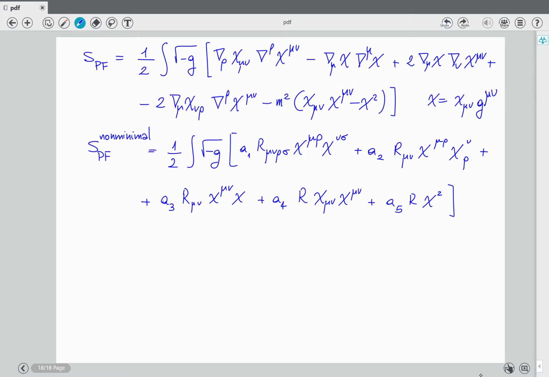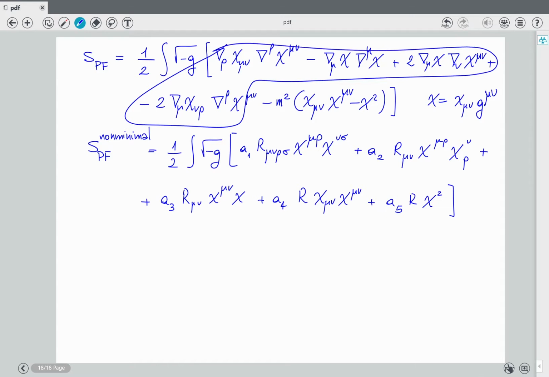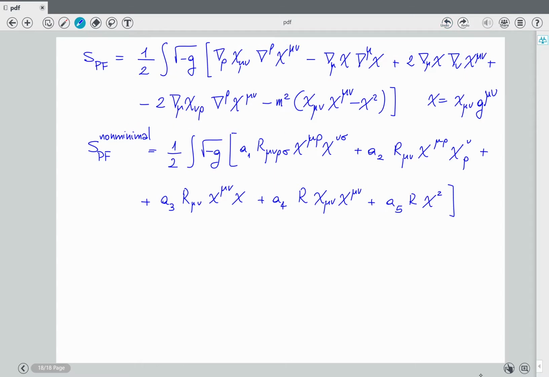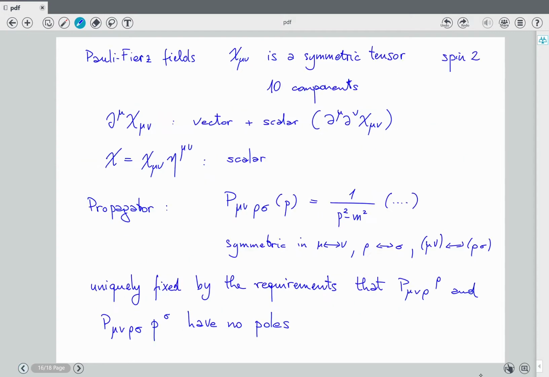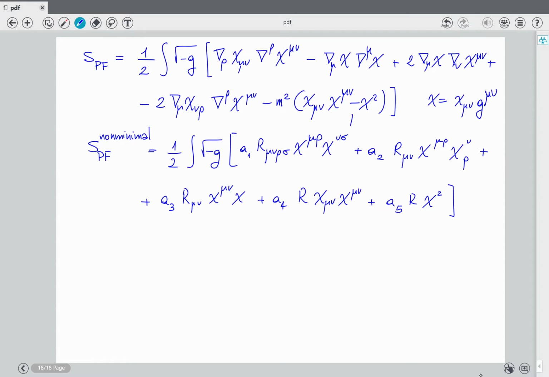So if you want to start from a Lagrangian to study the Pauli fields, you should proceed as follows. You write down the quadratic part of the Hilbert action expanded around flat space, and then you add the most general mass term, which will contain two independent terms, and then you study the field equations and you check when those field equations do not propagate those 5 degrees of freedom, and that will fix uniquely the relative coefficient of the two mass terms.